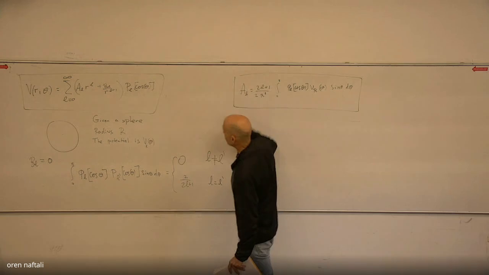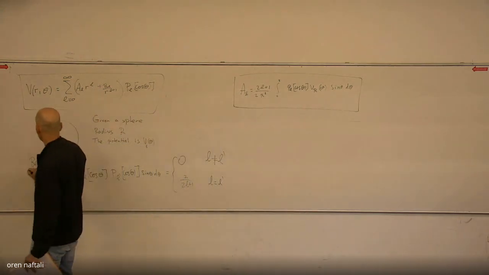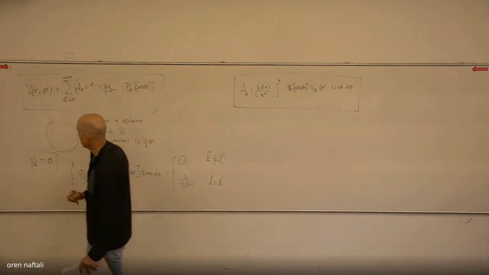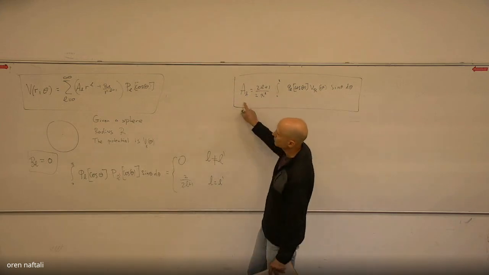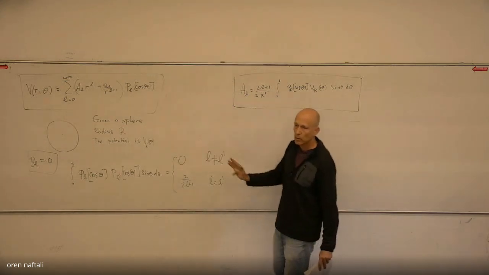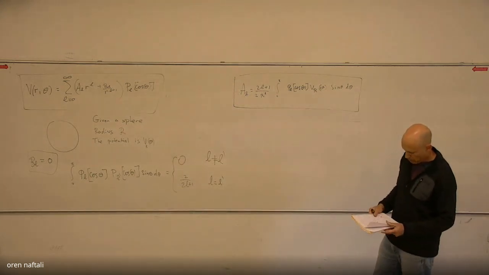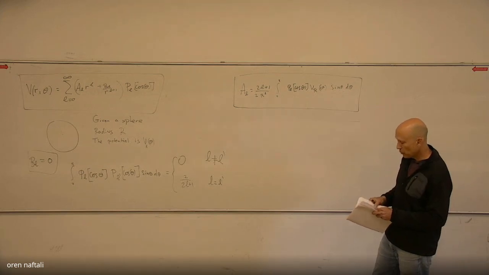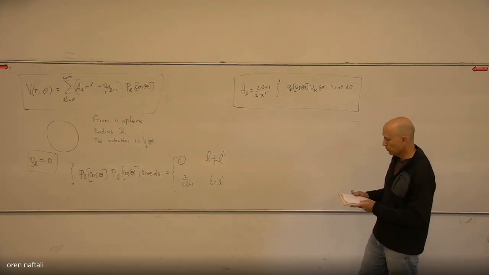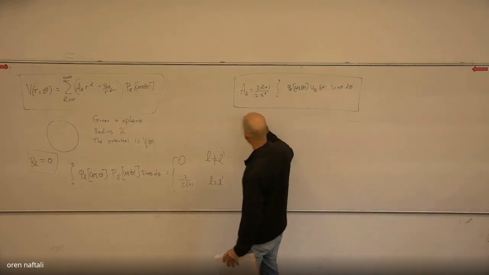So this is a formal solution because I now determined B_L, I determined A_L, and I have this infinite sum. Formally, I'm done. But maybe we would like to gain some insights, so let us use an example.